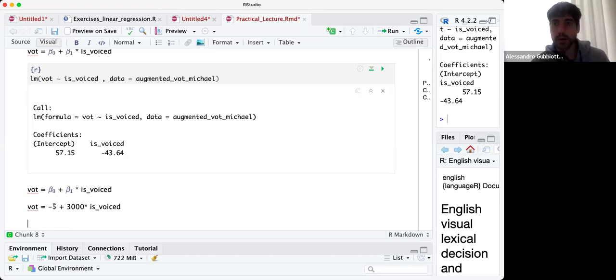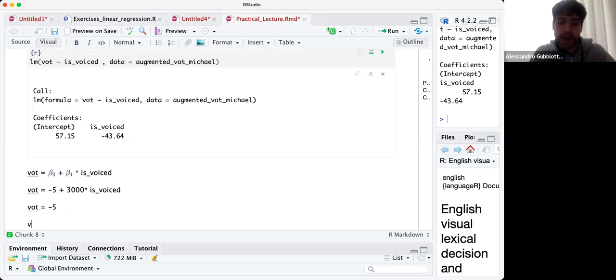Especially if beta 0 is a negative number, it would be very strange to have a negative number for a positive value of time. Exactly. So the vocal onset time in this case for a voiceless variable would be minus 5, which makes no sense.